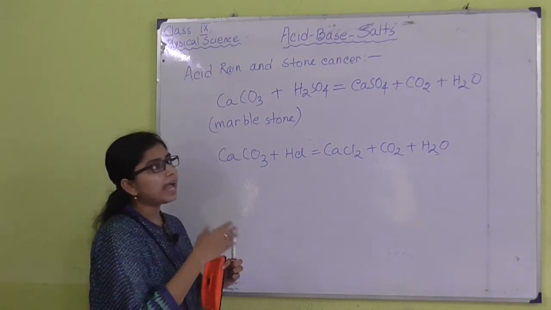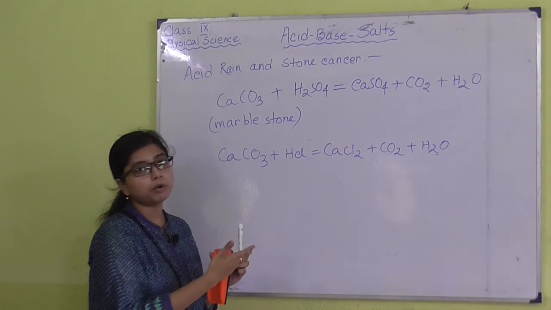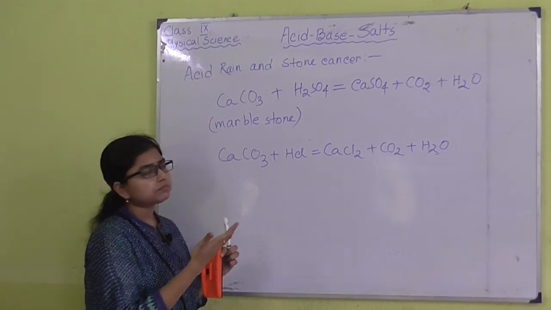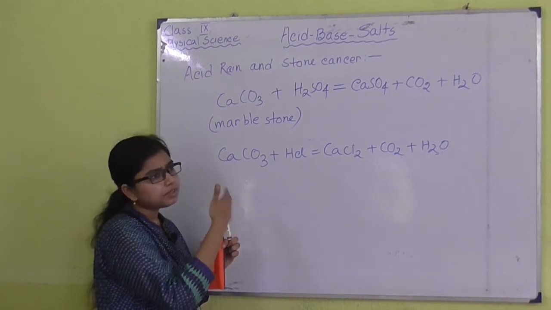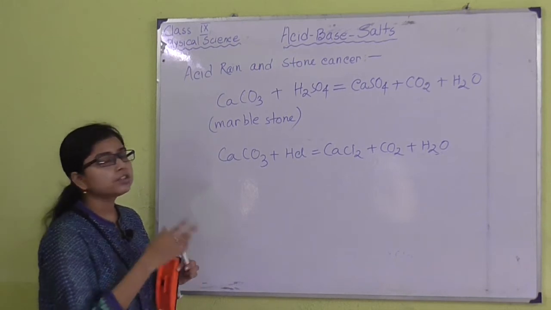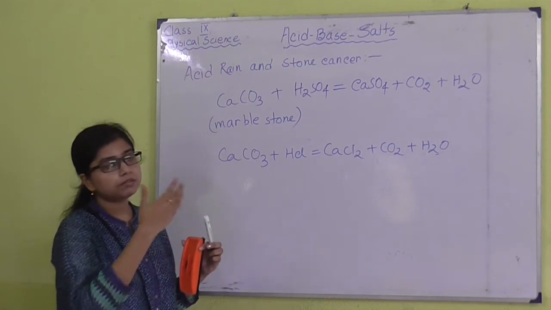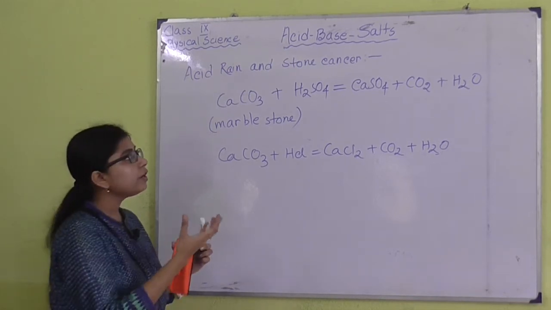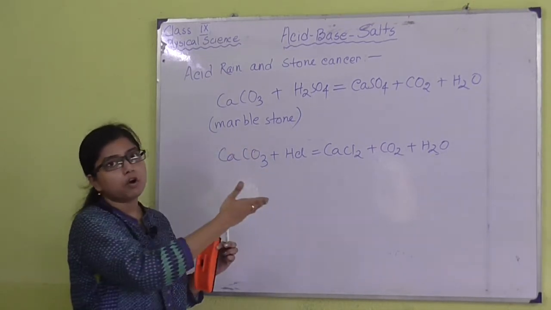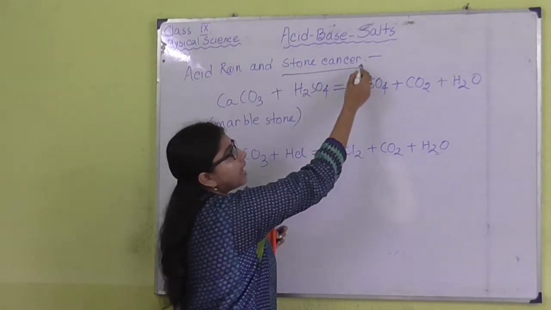So, due to the acid rain, which is a consequence of our air pollution, the deformation of monuments or this kind of heritage building is known as stone cancer. The attack from the acid is happening over the marble stone, and it is deformed in structure. So, that is why the name is given as stone cancer.